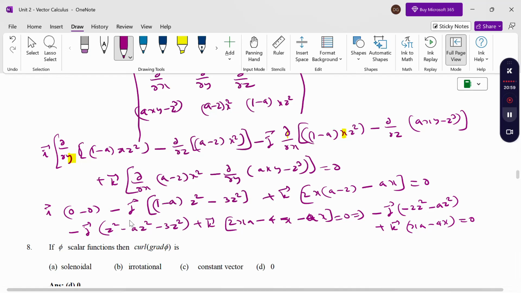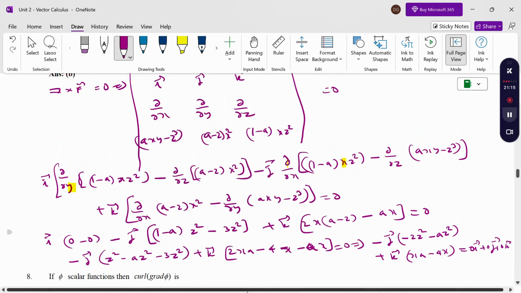Now compare with this term, I vector, j vector. So the right hand side is 0 I vector, 0 j vector, 0 k vector. Compare with the I, j, k. When I am taking this term, the whole term, I am taking minus common out.